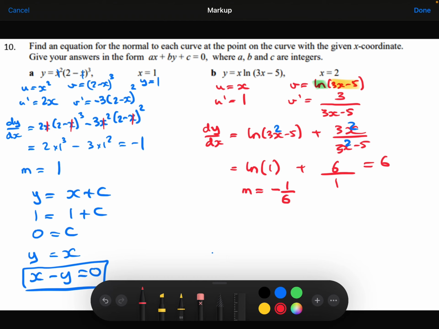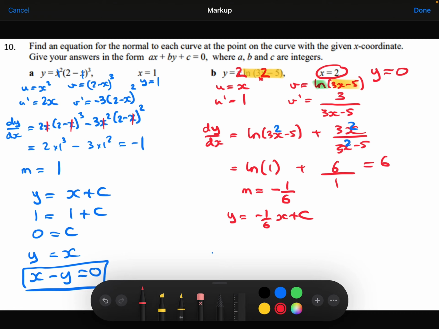I'm now going to do y equals mx plus c. I want to know what the y coordinate is when x is 2, so if I substitute 2 in here and here, well, the 3 times 2 minus 5 is 1, and ln 1 is just 0.